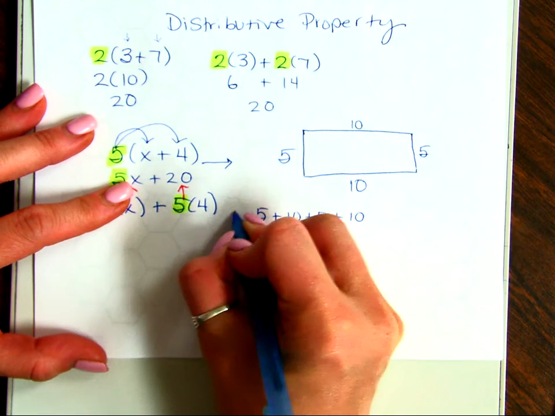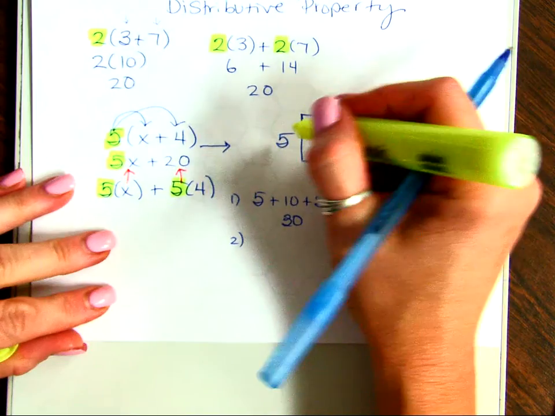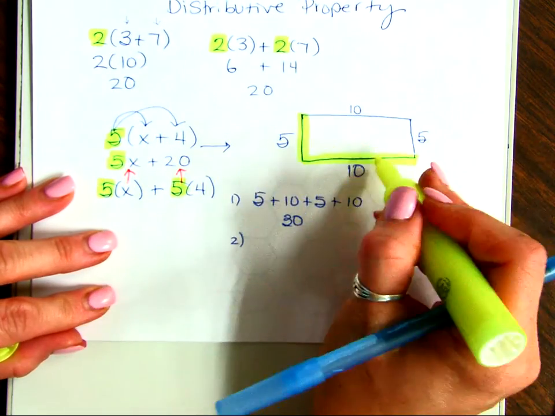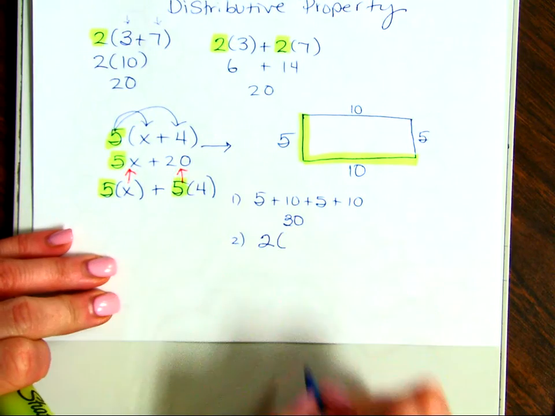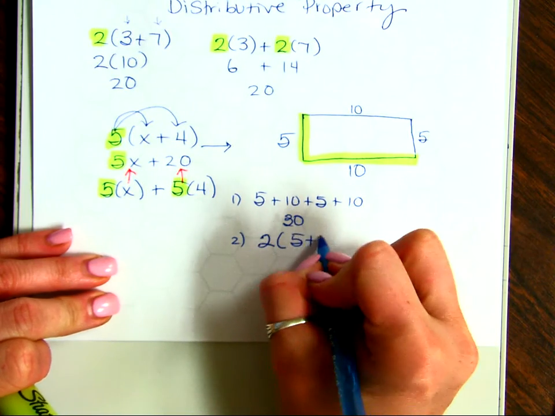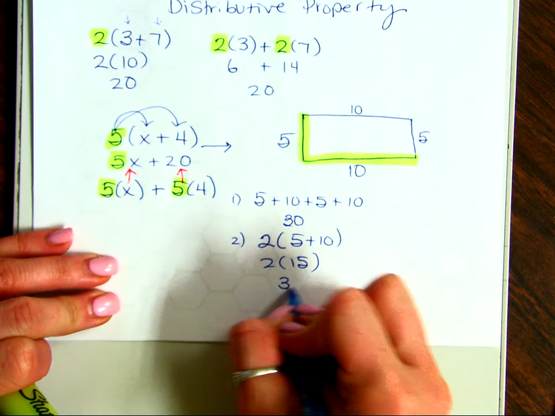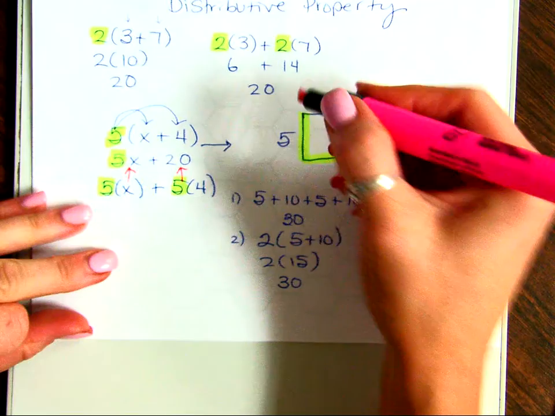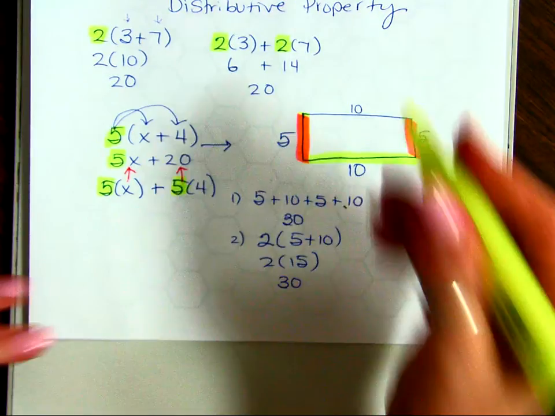Okay, so a little more advanced way of doing it could be, well, if it's a rectangle, by definition, these 2 are going to be the same as those 2. So that means I have 2 of the (5 plus 10), right? That means I have 2 lengths of 15, which is going to also give me 30. Another way to look at it might be, somebody might say, okay, well, I have 2 5s and I have 2 10s.